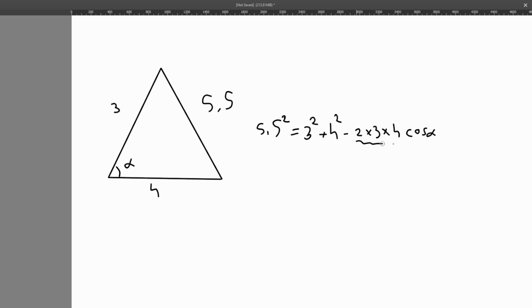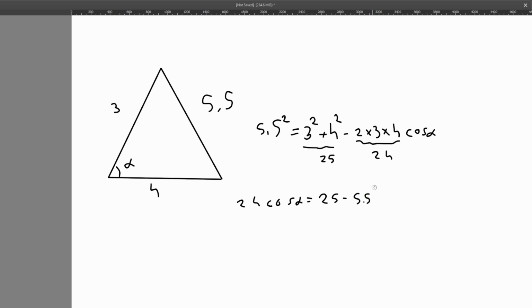And from this we can get that this right here is equal to 24, right? And this right here is equal to 25. So if you quickly rearrange some stuff, you see that 24 cosine of alpha is equal to 25 minus 5.5 squared.